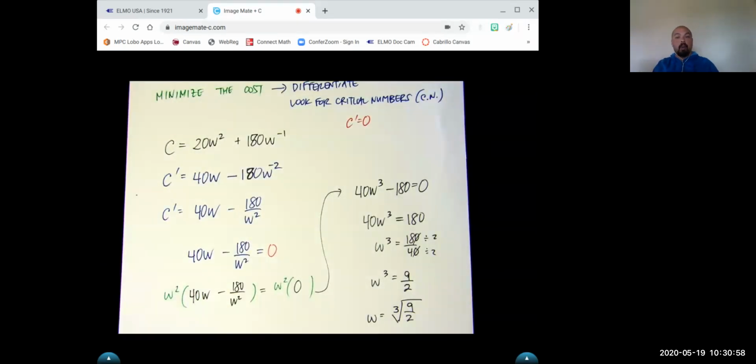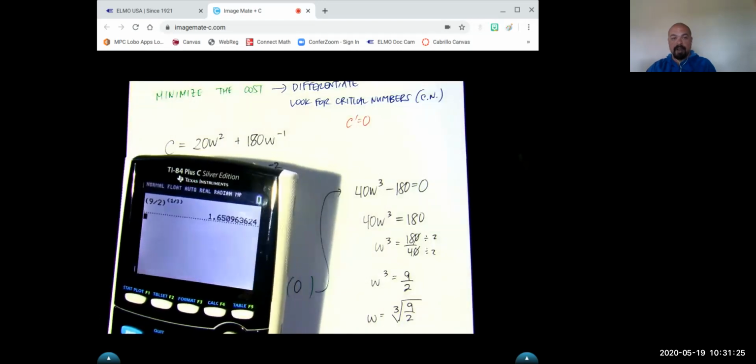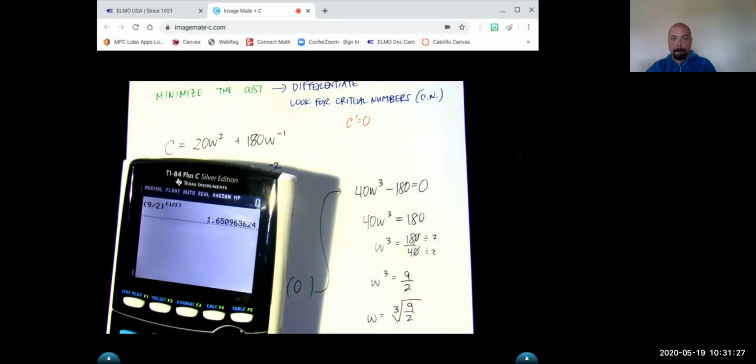I'm not going to be that worried about it, truthfully, but let's check it out. 9 divided by 2, 4.5, raised to the 1/3 power. Taking that cube root, and I'm getting this decimal, about 1.65 if I round to 2 decimal places.